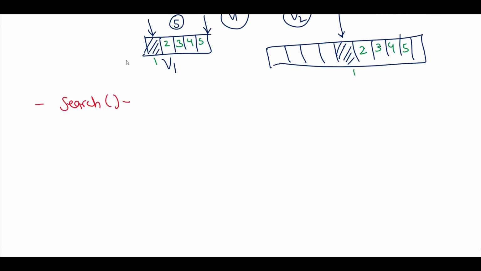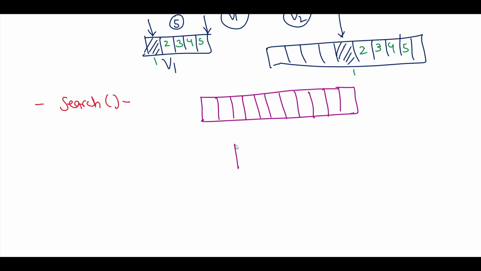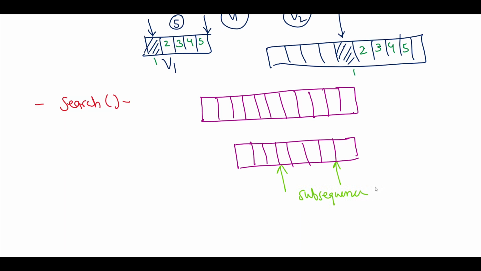Then there is another algorithm named search. So it basically searches for a subsequence of elements within a sequence of elements. And what does it mean? Suppose we have a sequence of elements here, and it could have more elements. Then we could have another container, and you might pick a range of elements from here, maybe this, and you can call this subsequence because it's smaller, and you can call this a sequence, maybe beginning from here to this place.